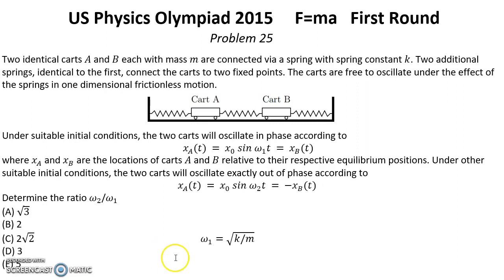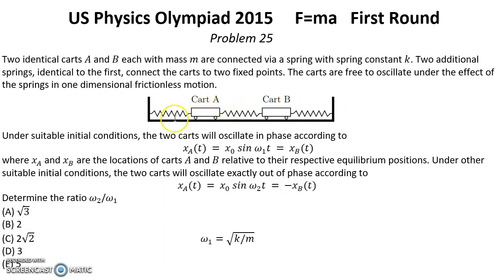In the second case, when they oscillate out of phase, it means that we can take the middle point of this figure, and this middle point is not moving. So card A is affected by one spring with constant k and the other half spring with constant 2k.